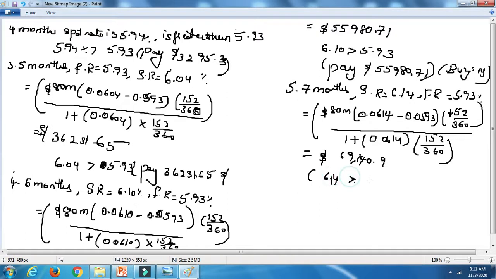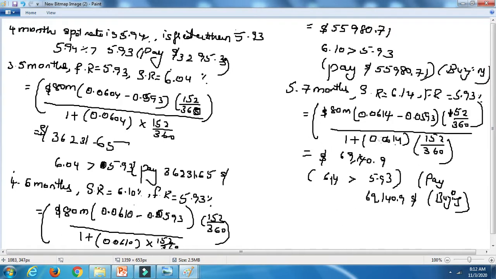So here also what is happening? 6.14 is more than 5.93. So pay $69,140.9 by buying. If it is less, you will receive it. If it is more, you will buy. Here also you will buy.